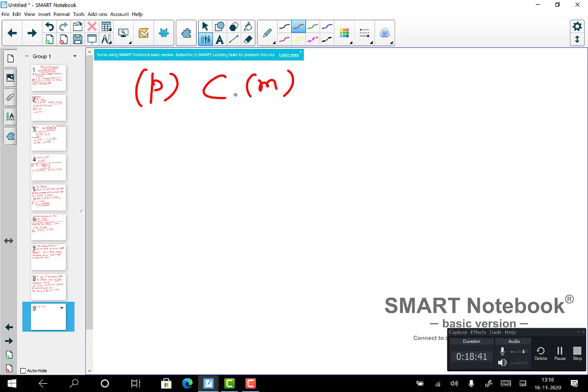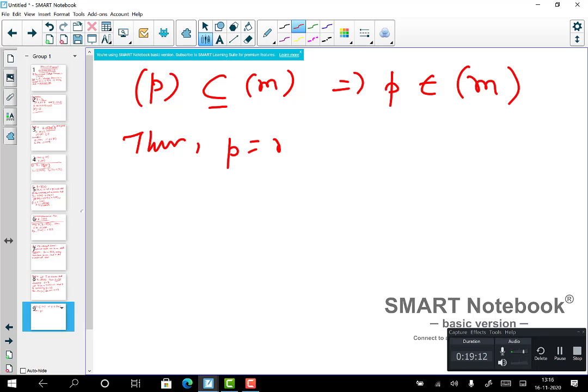Now what are the possibilities here? Either they are proper or it can be the same also, right? So this implies that p is inside the ideal generated by m, and thus you can write p as a multiple of m, some m into m dash, for some m dash belonging to R. Okay, so far so good.